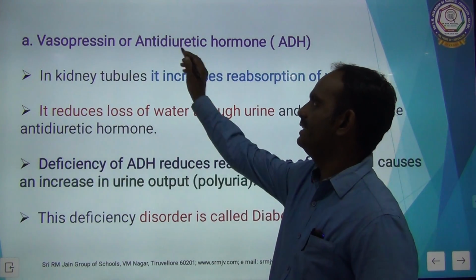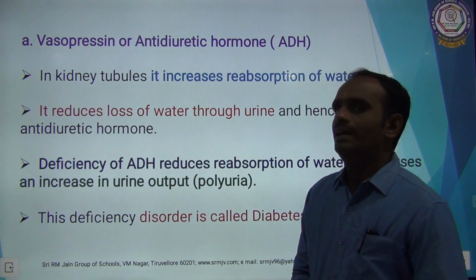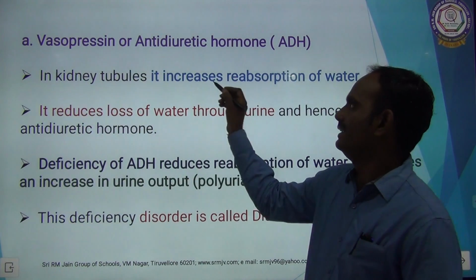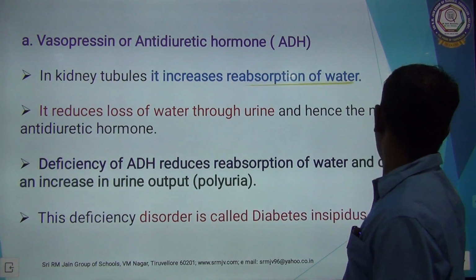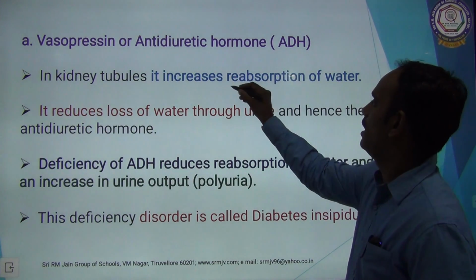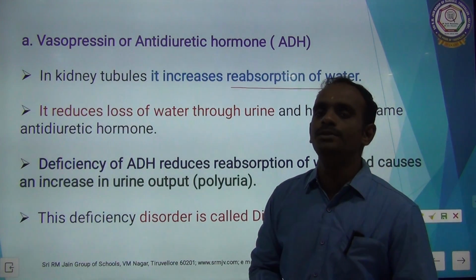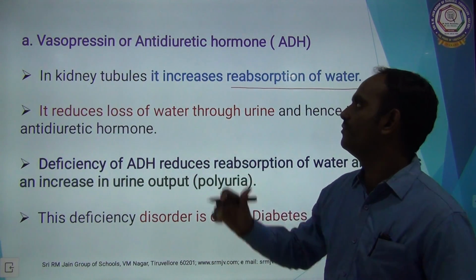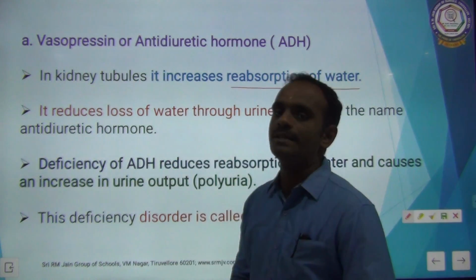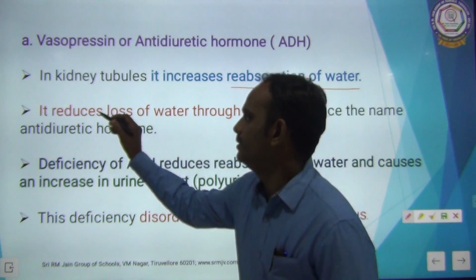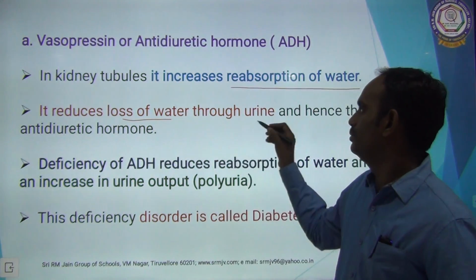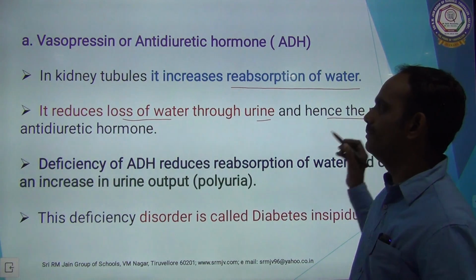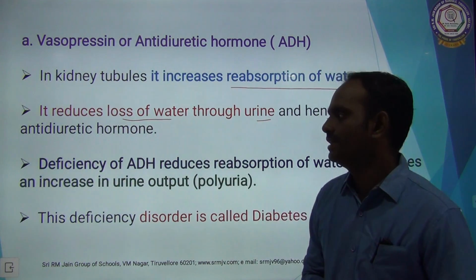Vasopressin or antidiuretic hormone: in kidney tubules, it increases reabsorption of water. So reabsorption of water is mainly caused by the secretion of the hormone vasopressin. It reduces loss of water through urine and hence the name antidiuretic hormone.